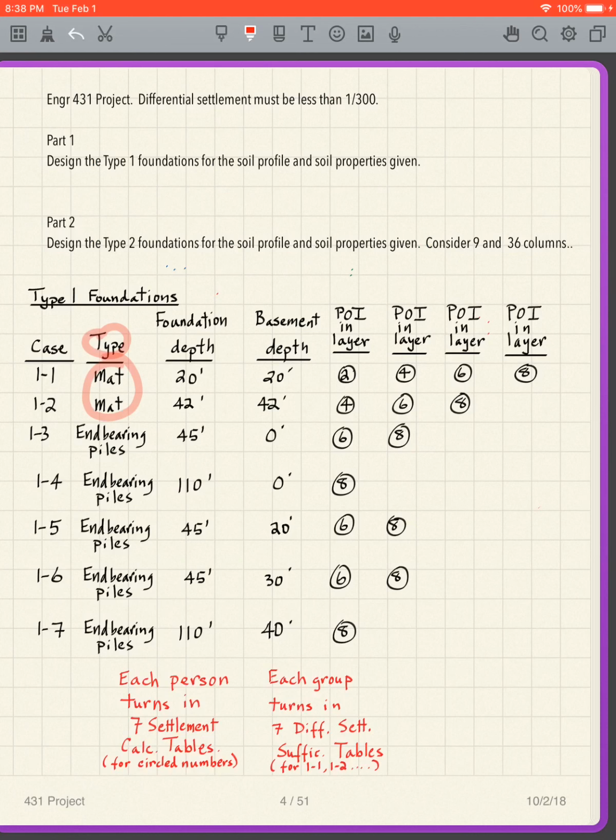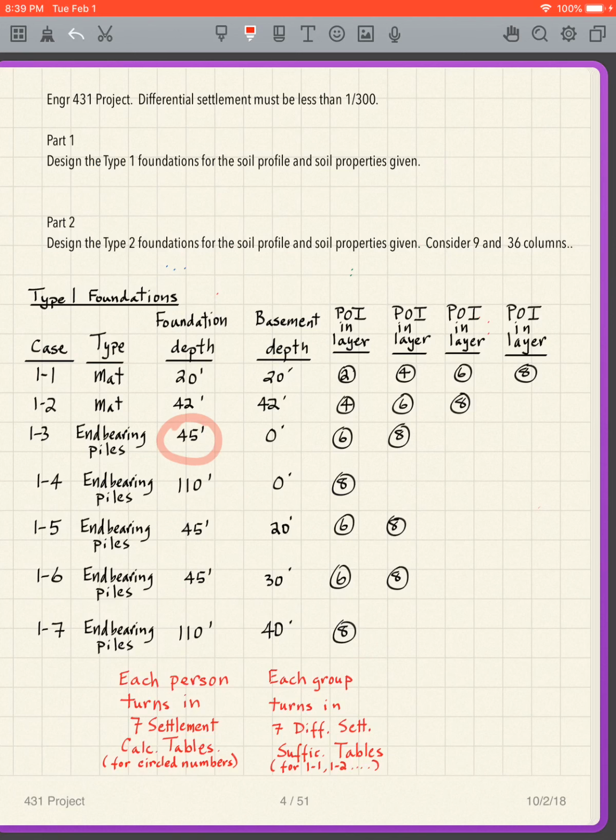A mat basically with end-bearing piles underneath it. So in this case, for the first two, I just have the foundation depth, meaning we're going to put the mat at 20 feet or 42 feet with no piles underneath, or we're going to have the mat at 45 feet.